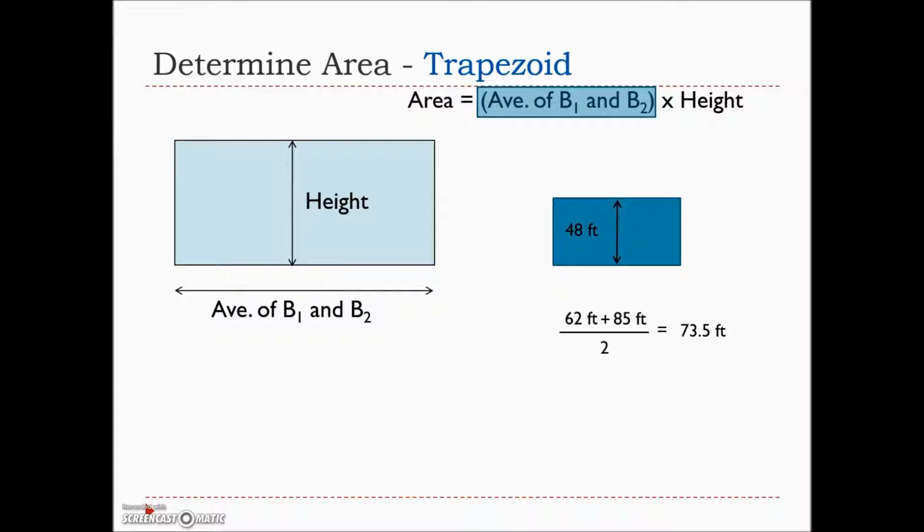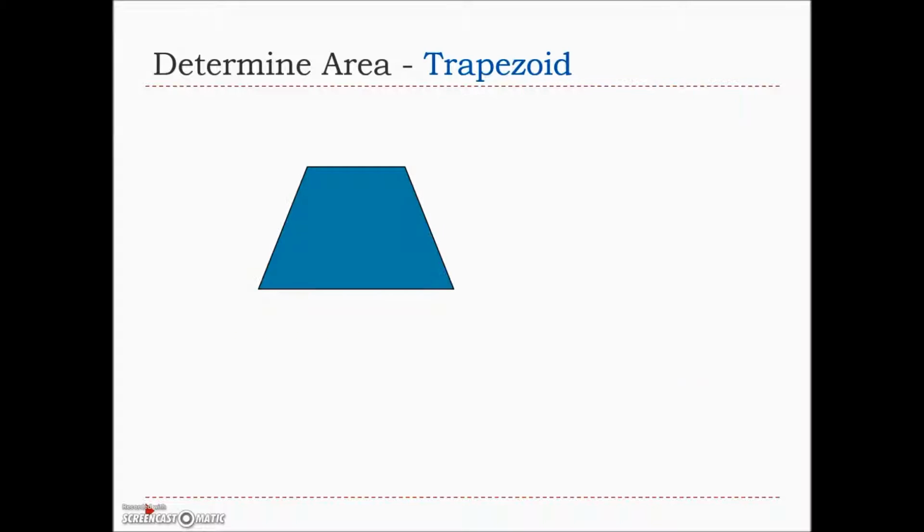Now we're ready to go ahead and multiply by the height, the distance between those 2 parallel sides, to give us a final area for this trapezoid. Feet times feet result in square feet, as all area problems have square units.